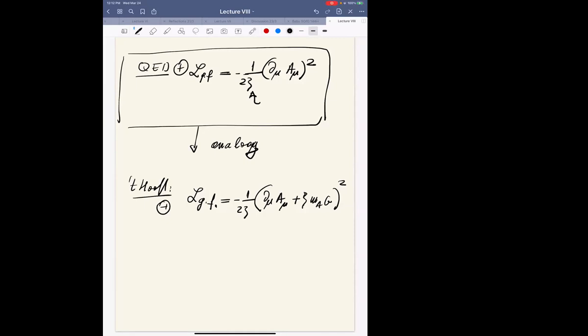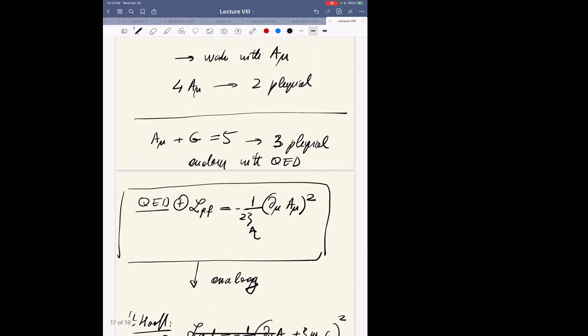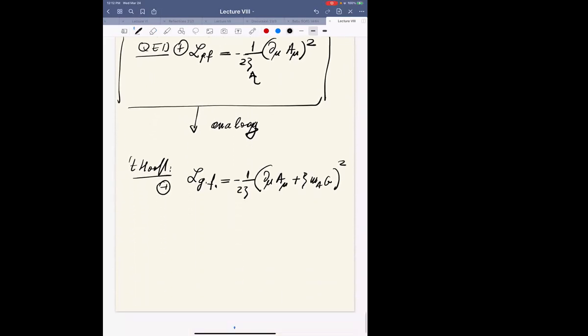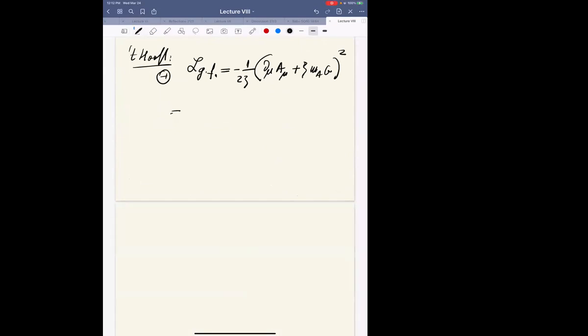G is not a physical field, so you see, xi is introduced in order to take care of the fact that it cannot be physical, it's not going to be produced. This is very important. This is just the usual gauge fixing because I'm working with some extra unnecessary degree of freedom, which is minus 1 over 2 xi.